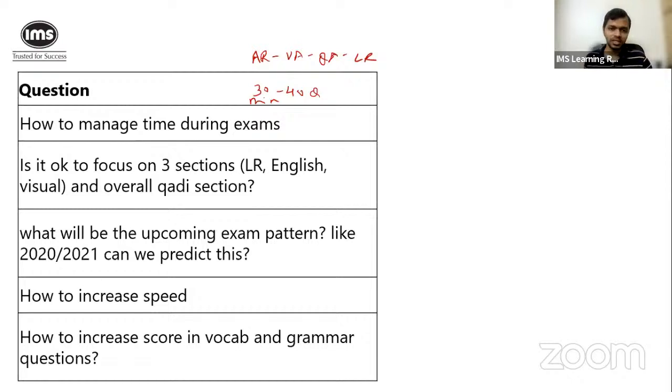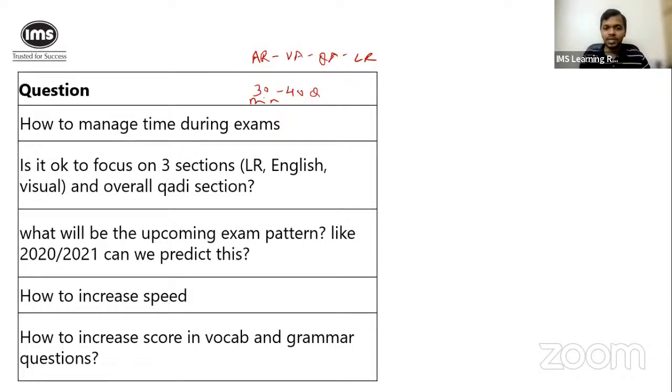For me, the 3 sections are actually QA, verbal, and abstract reasoning, so that 125 is my focus. LR is like a secondary thing, especially in CET, because of the caselets. Non-caselet stuff I will do first, but caselets I'll keep for the end. I'll not waste too much time in the beginning. But because the accuracy in the other 3 areas is good, I'm able to score well.